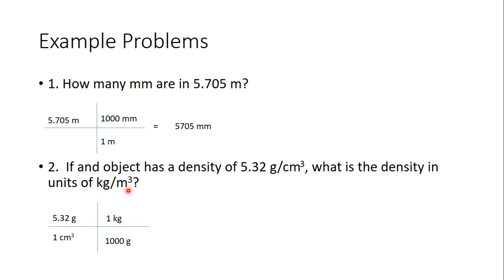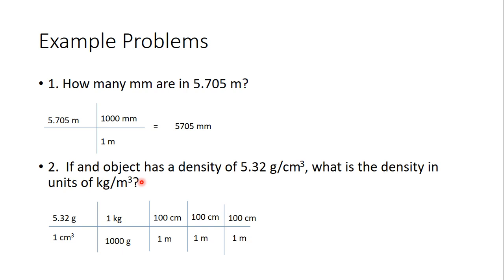Now we got to take care of the denominator. And for every 100 centimeters, we have 1 meter. But we're not done. Notice our units are cubic centimeters. That means we have to do this conversion a total of 3 times. So we do it once, we do it twice, we do it 3 times.